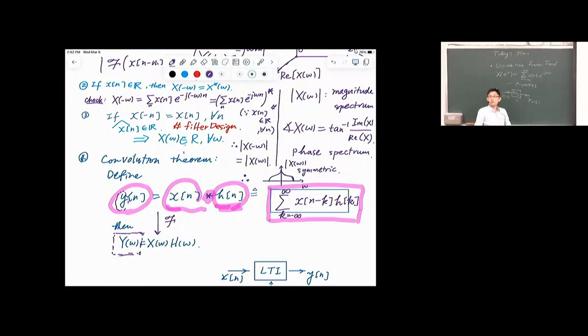When we convolve two signals, x and h, the resulting spectrum is a product of two spectrums, multiplying frequency-wise, at every frequency.